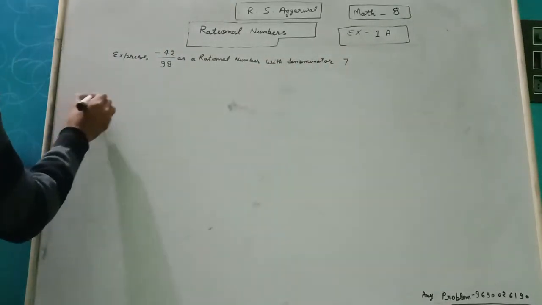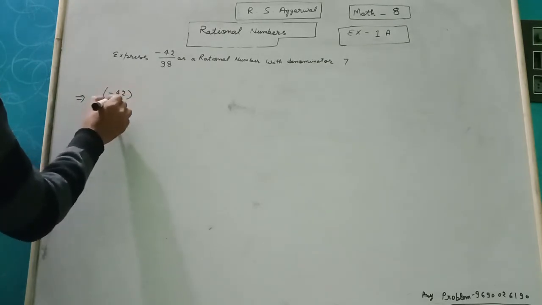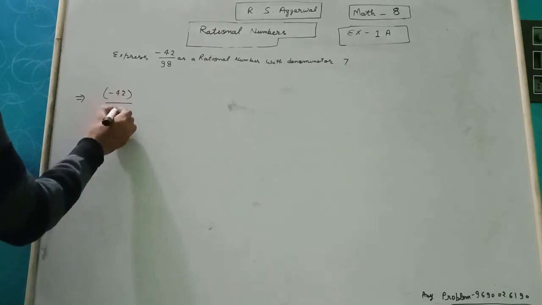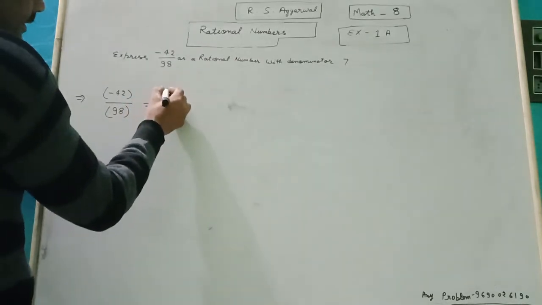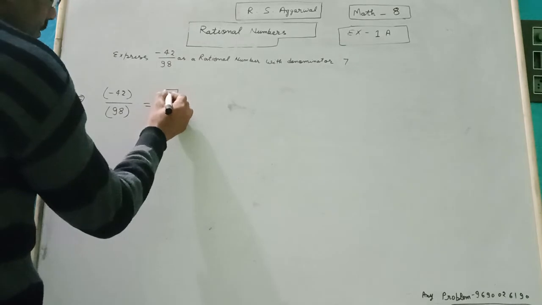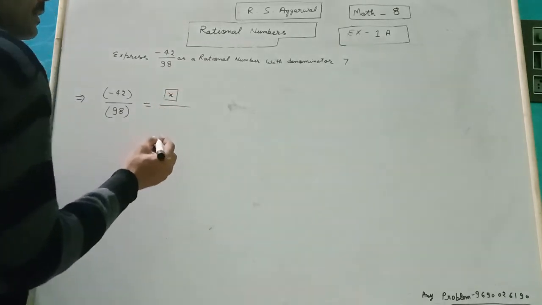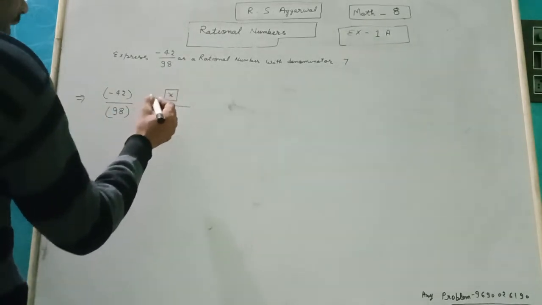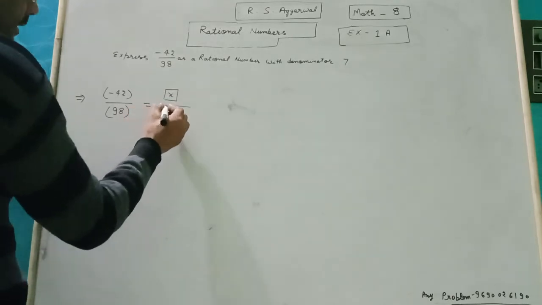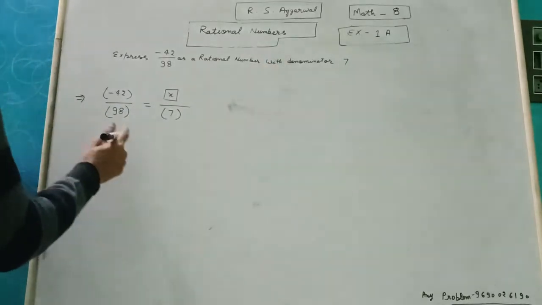So you write this form minus 42 upon 98. Write in box. Numerator is make the box, and if we want x, write the x in the box. Box or x upon 7, because denominator is 7.